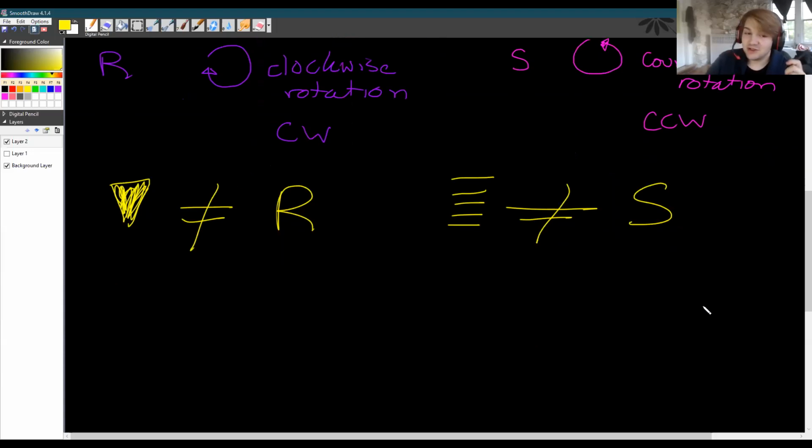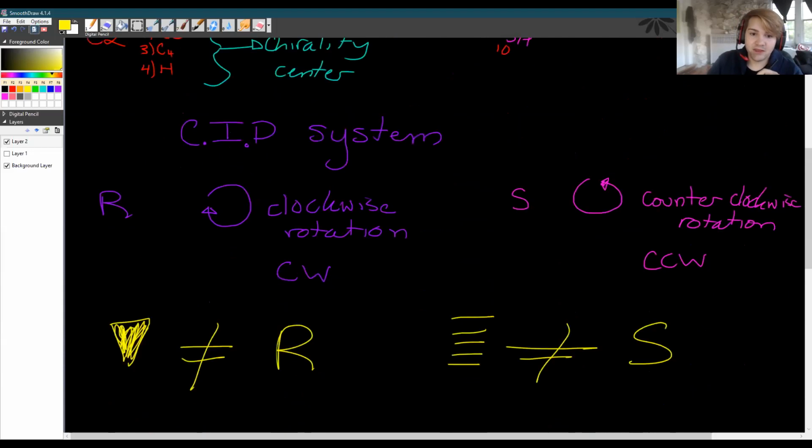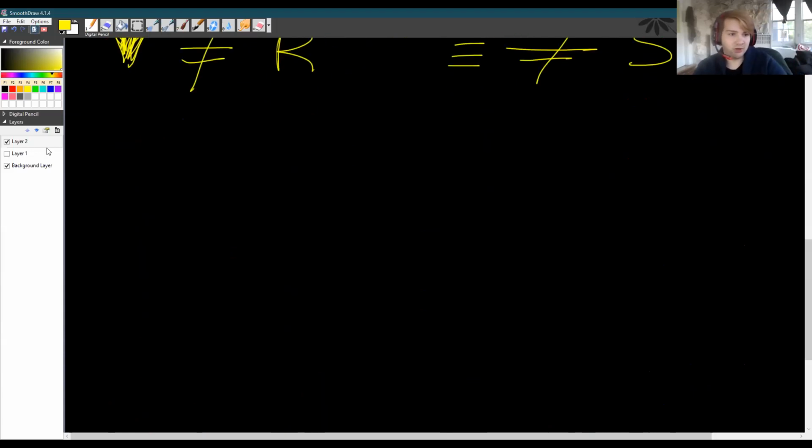So now that we've done that, let's take a look at our original chiral molecule that we worked on. And what I'm going to tell you is that we cannot determine R or S of a molecule unless we're given what the 3D nature of the molecule is. We cannot determine the 3D nature of the molecule unless we are told about what the 3D nature is.